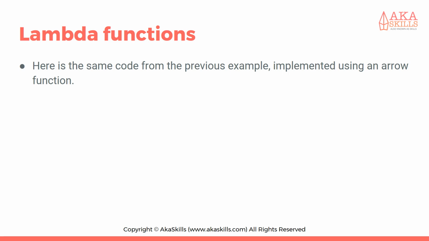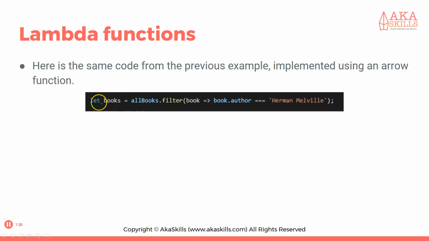Let's see how much better that is. So I'm saying let books equals allBooks.filter, and then I just say book, arrow function, and this is read as "goes to". So I'm saying book goes to, and here book.author equals the string. So you can see that I don't have the function keyword, I don't have the parentheses around book, and I don't have the opening and closing curly braces.